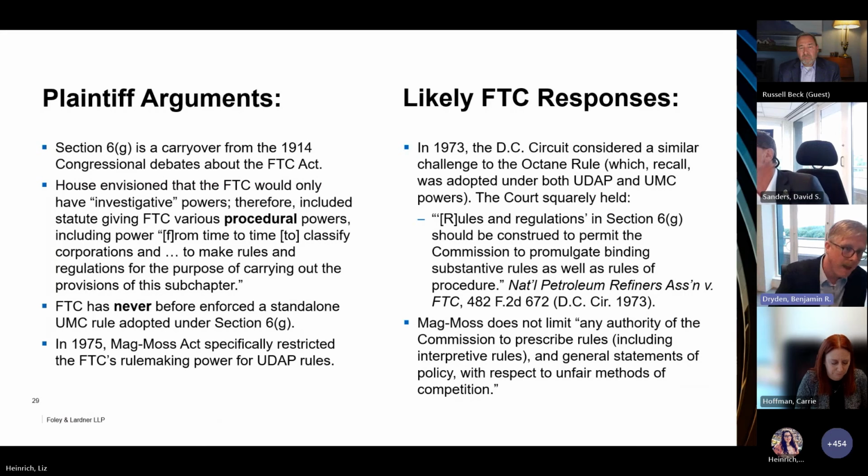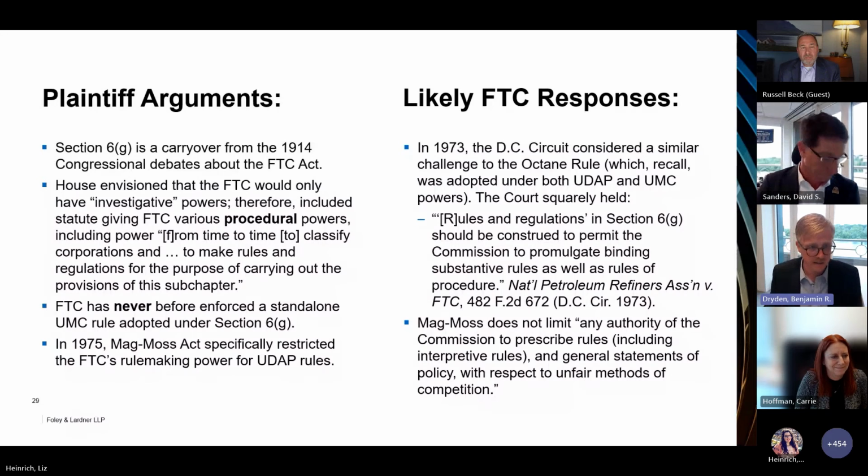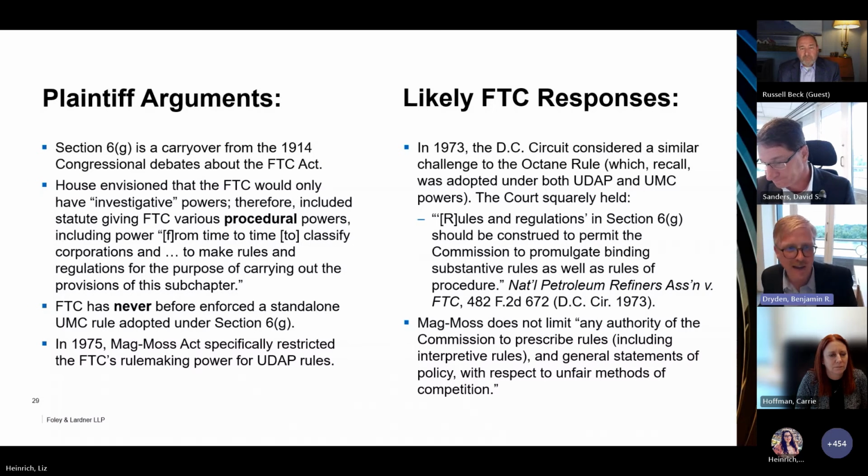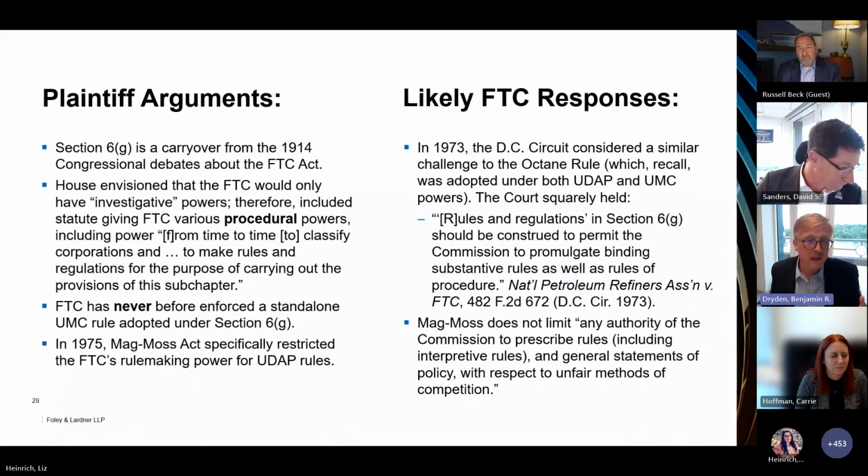So ping-ponging back, the plaintiffs will argue, well, there's never been a standalone UMC rule adopted under Section 6(g), or at least never one that's been enforced. And they point to the Magnuson-Moss Act, which was passed after the National Petroleum Refiners case, which restricted UDAP rules. But to ping pong back again to the FTC response, they're going to point to the Mag-Moss law and say, yeah, but Mag-Moss made an exception for rules with respect to UMCs.